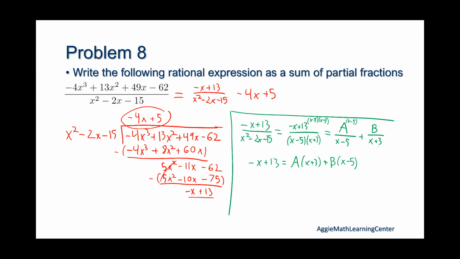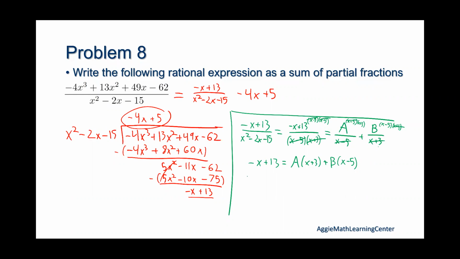And as long as I multiply everything by the same number, it should be fine, ignoring the points when the denominator is 0. So in this one, the x minus 5 cancels, and in this one, the x plus 3 cancels. So that's where those came from.